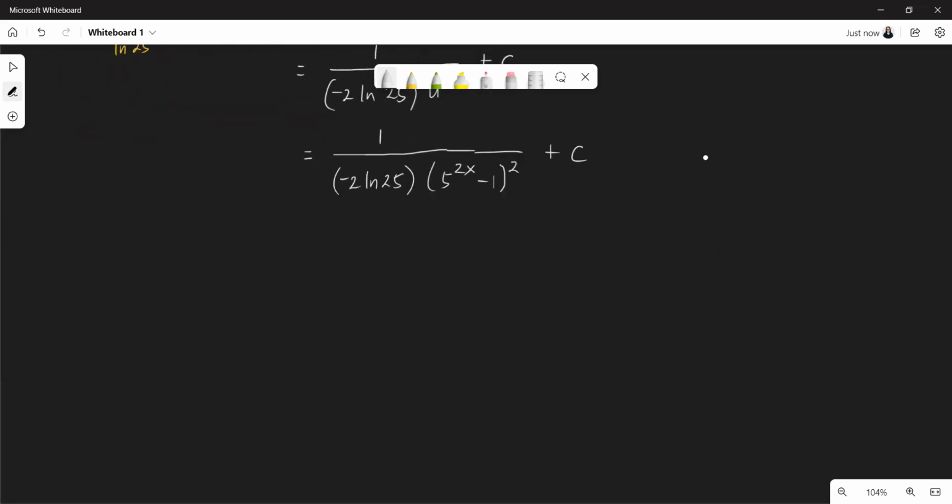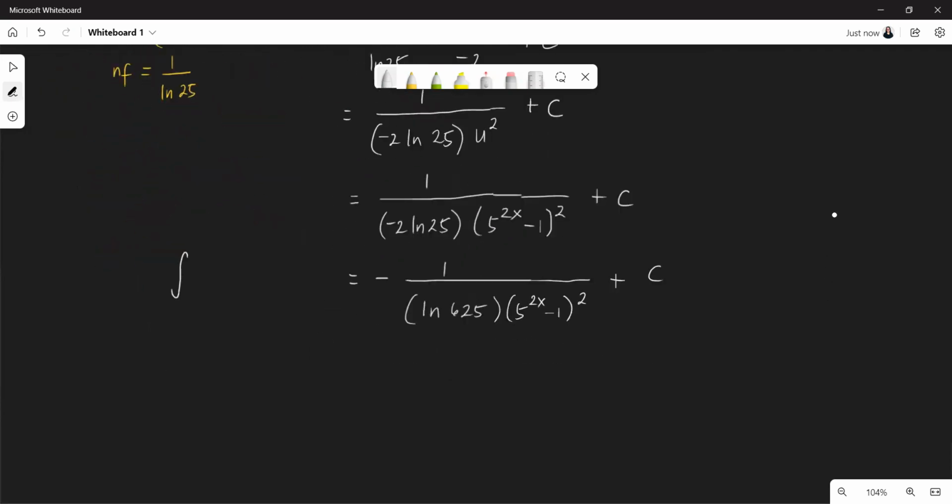We can put the negative sign before the fraction, and then 2 times ln of 25 is the same as ln of the square of 25, or that's 625. So that's ln of 625, multiplied by the square of 5 raised to 2x minus 1, plus c. So this is the final answer.